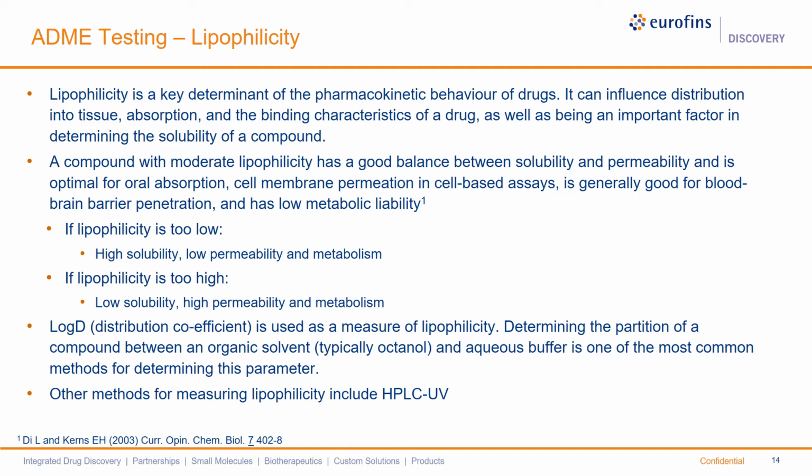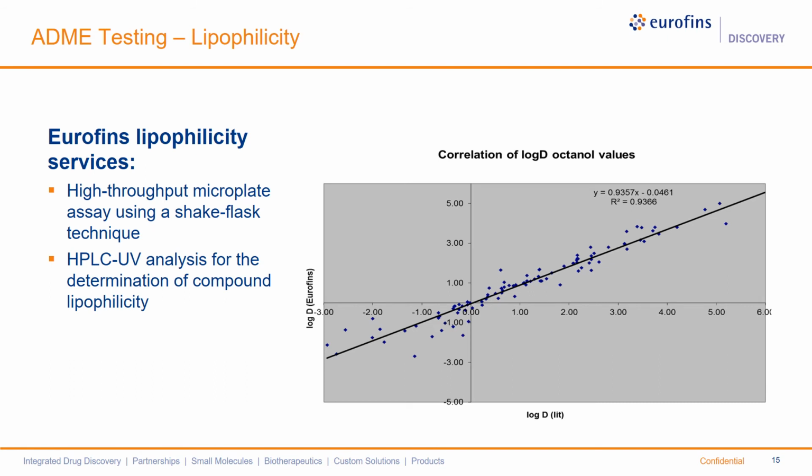There are other methods that are available for the evaluation of lipophilicity, and that includes things such as HPLC-UV. Eurofins offers a variety of assays that are designed to look at the lipophilicity of a drug. An example here is shown with the log-D of a variety of different drugs by partitioning into octanol versus the aqueous phase.